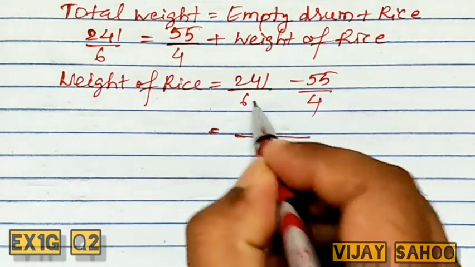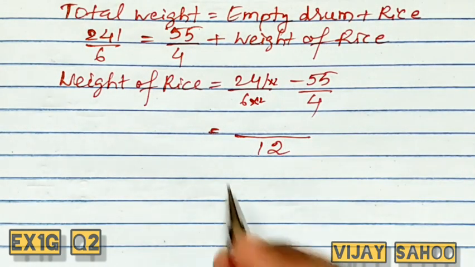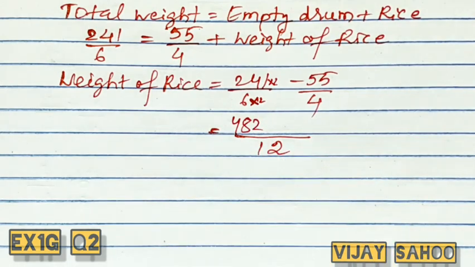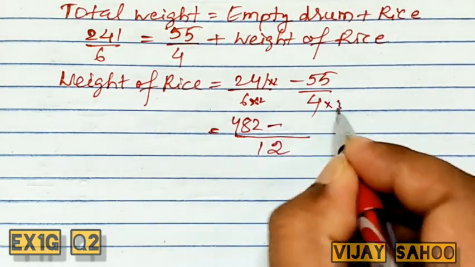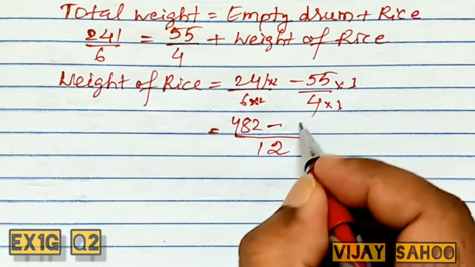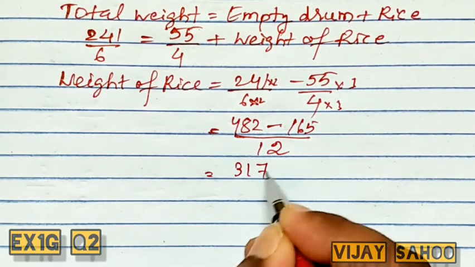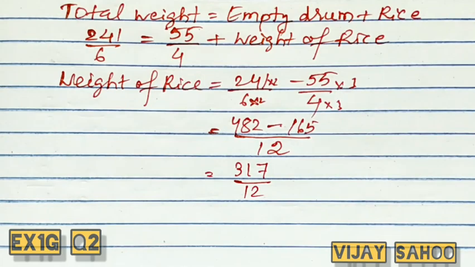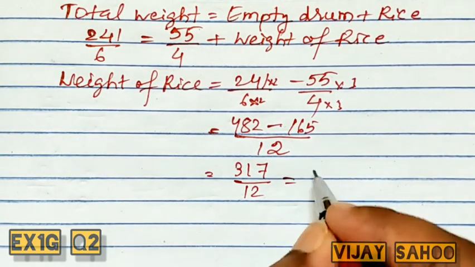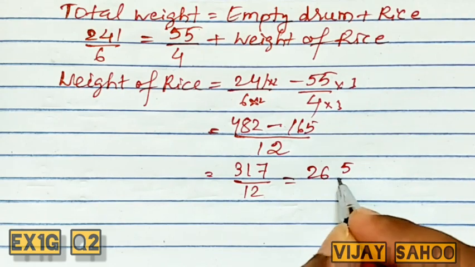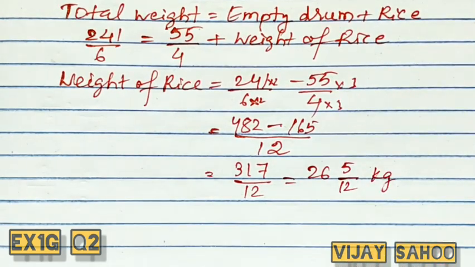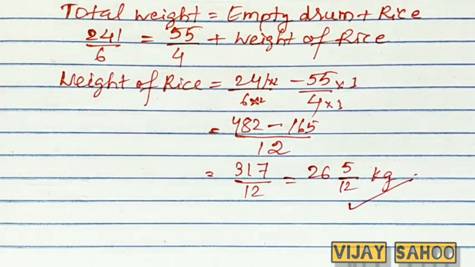It means 241 will be multiplied by 2, so it will be 482, minus, and this will be multiplied by 3. You know how to take the LCM value. If I multiply, it will be 165. Now if I subtract, it will be 317 by 12. Now if I convert into a mixed fraction, it will be 26 5 by 12 kg, which is the total weight of the rice in the drum. Okay, so this is the final answer.